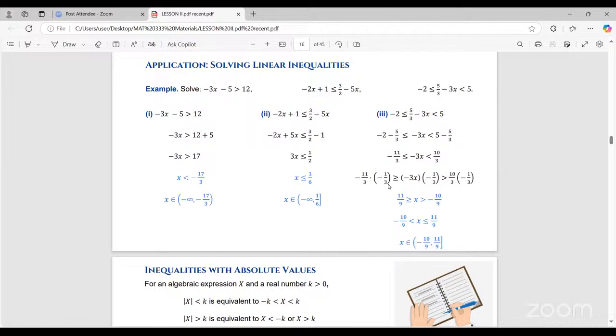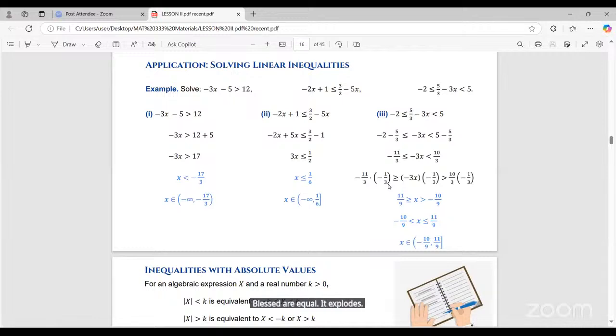The difference between open and closed is what you are asking, Abby. Once you see strictly less or strictly greater, it is open. When you see less than or equal, it is closed.